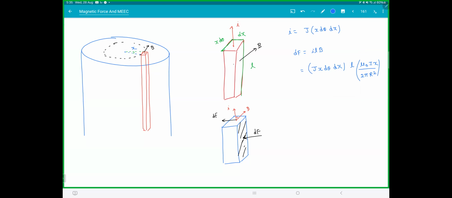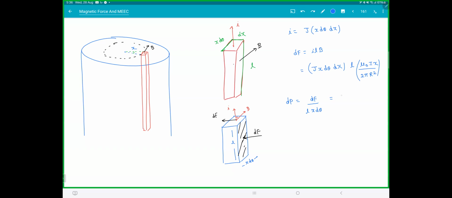So the pressure acting on this surface would be dF by that area, which is L into x dθ, because this was x dθ and this was length L. So substitute here. How much is this? L is gone, x dθ is gone.